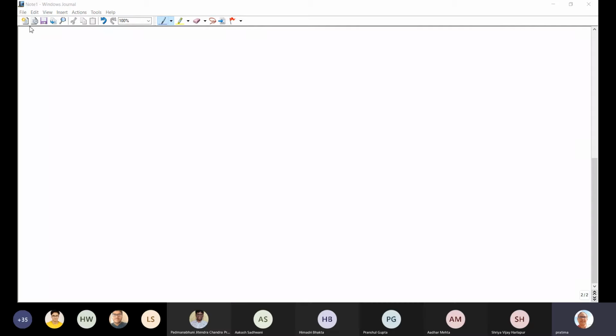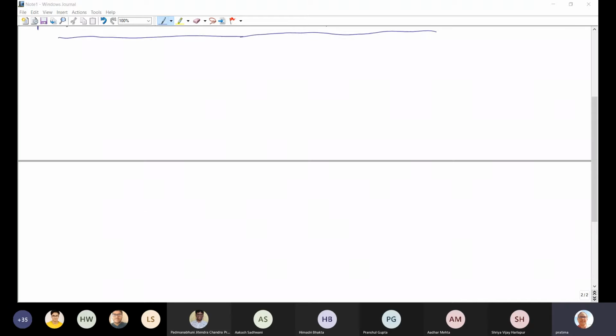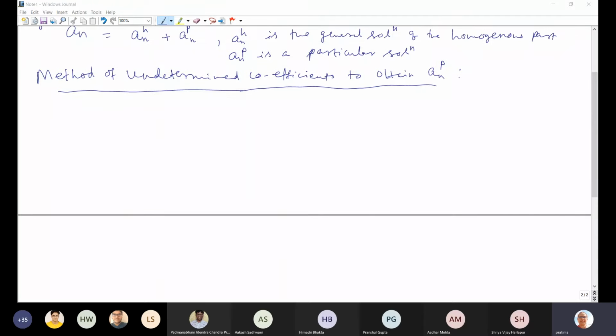I'll form this table: the function f(n), and the particular solution a_n^(p) we should select.